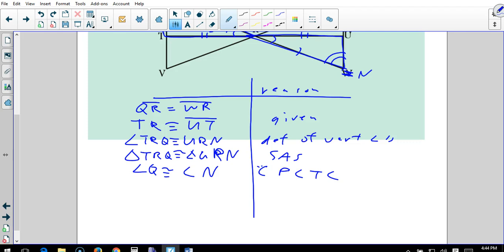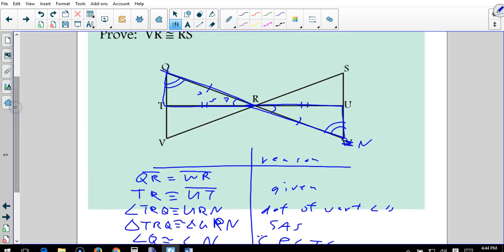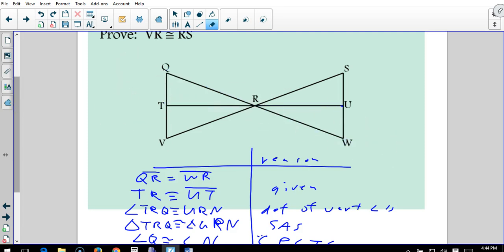Now, why do we want those angles congruent? Well, come back with me, and I'm going to do some erasing and clean this up. Now, we know that this angle is congruent to this angle. And we know this line is congruent to this line. Well, if we imagine TU is not there, and erase it, we have a congruent angle right there, don't we? By vertical angles.